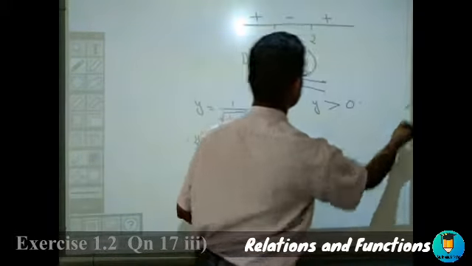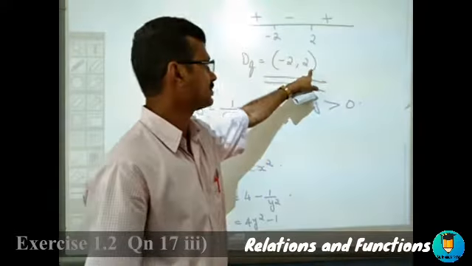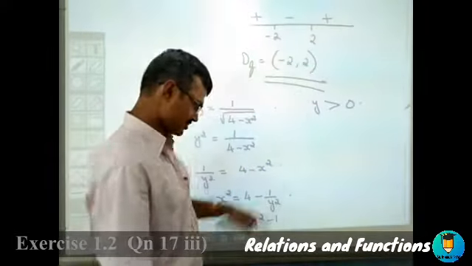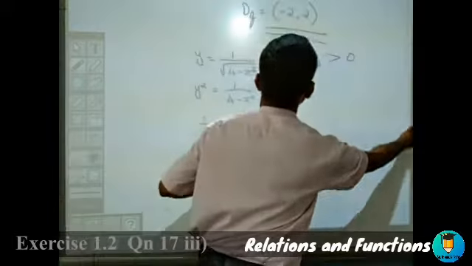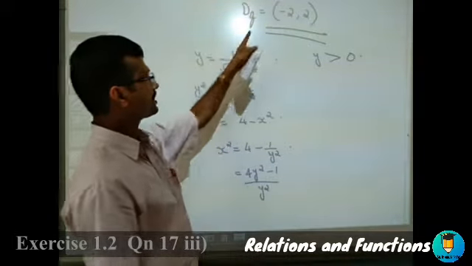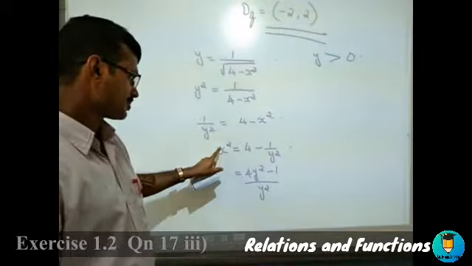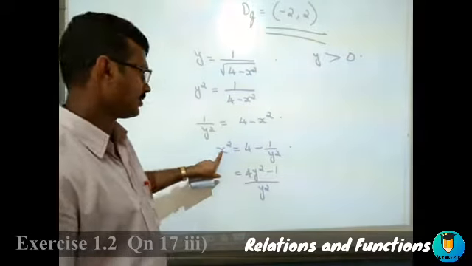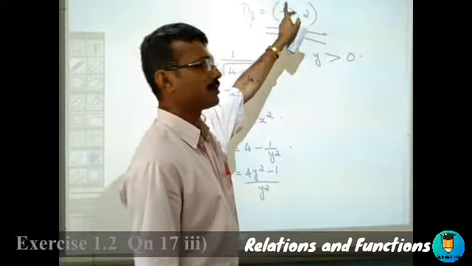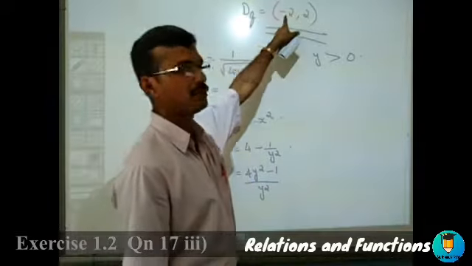Now we know the values of x are from minus 2 to plus 2. So the square of x will always be greater than or equal to 0.